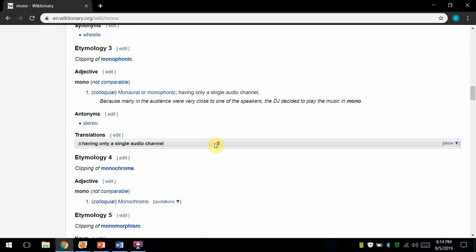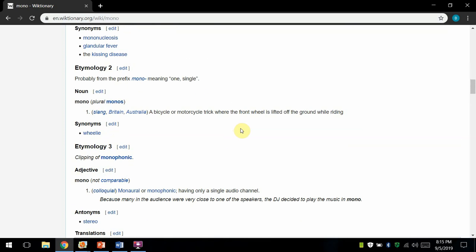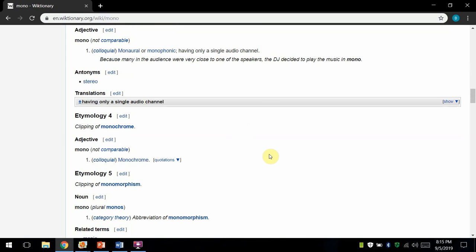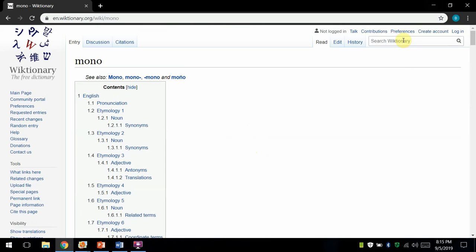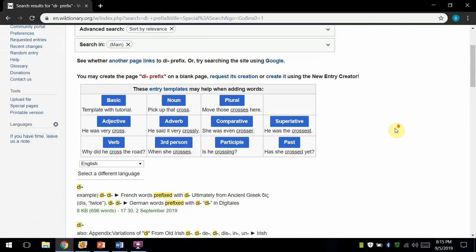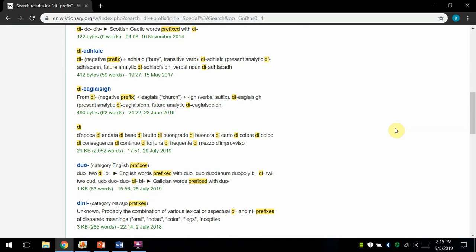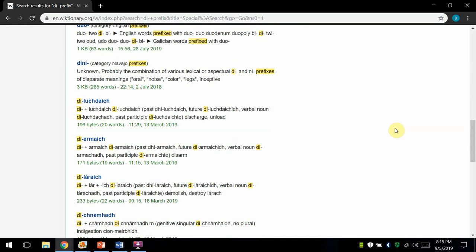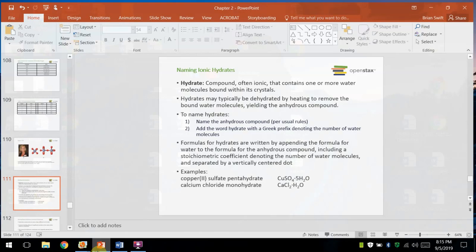Etymology. Okay. Di as a prefix. I still say it's probably Latin. I'm going to investigate it more, but I think they might be wrong.